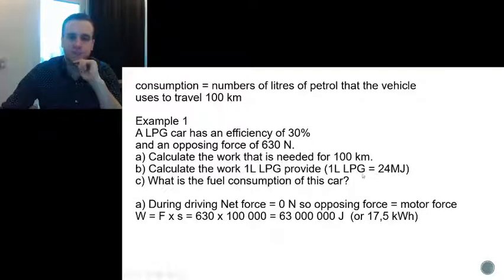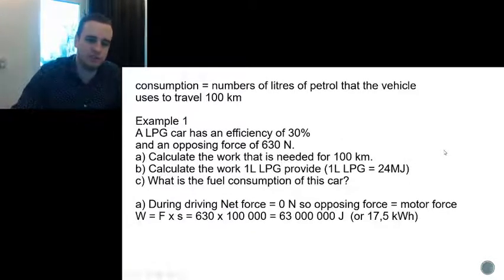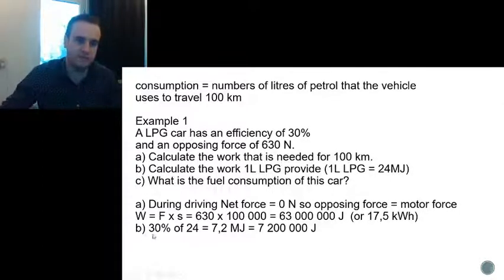What we know is that this is the amount of energy released when you burn 1 liter of gas. And we know that only 30% of whatever energy is released goes towards moving the car. So we need to use the efficiency. You could do it like this, because some calculators can actually handle this. You could do 30% of 24, you get 7.2 MJ, megajoule, or 7,200,000 joule.